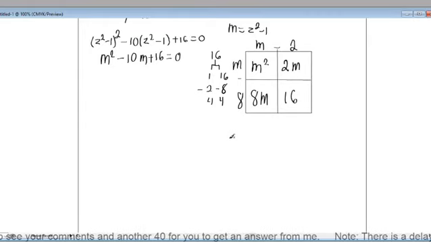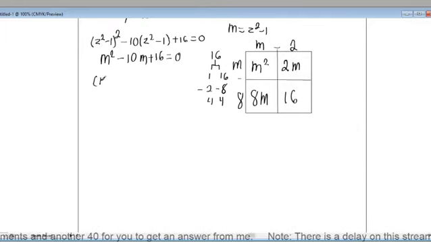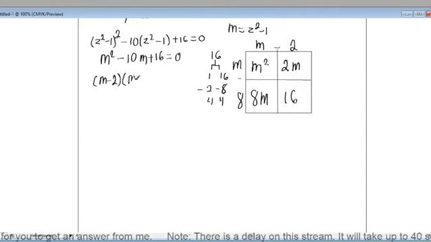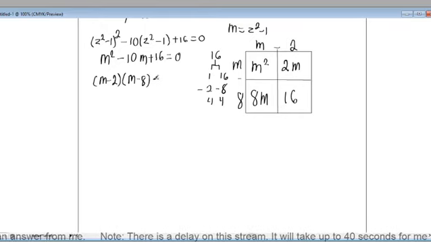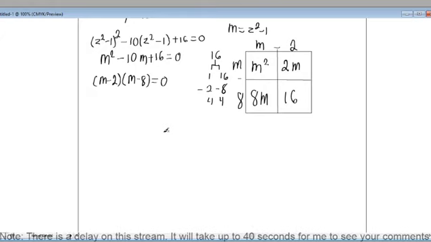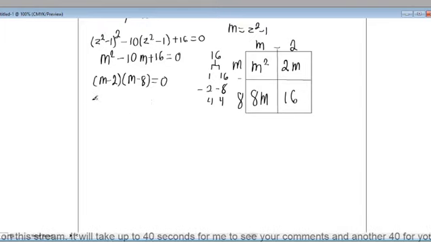Meaning that my two factors are m minus 2 and m minus 8. And so that now equals 0. Then we can use our zero product principle to say that either of these factors equals 0.